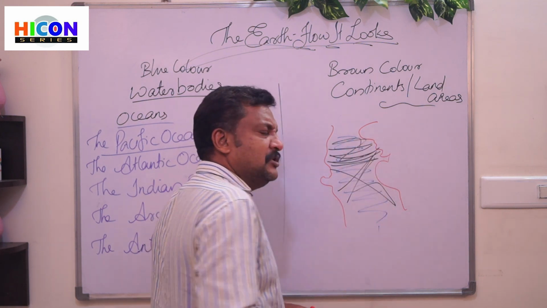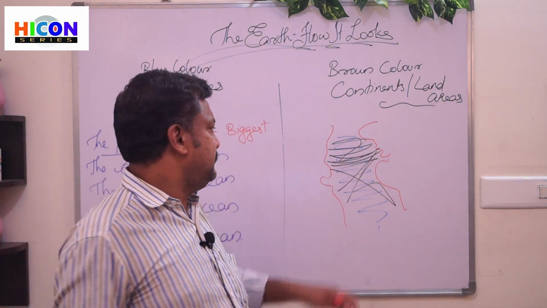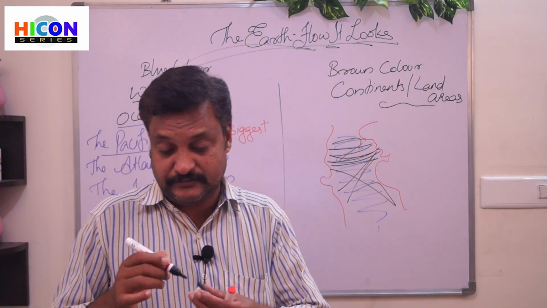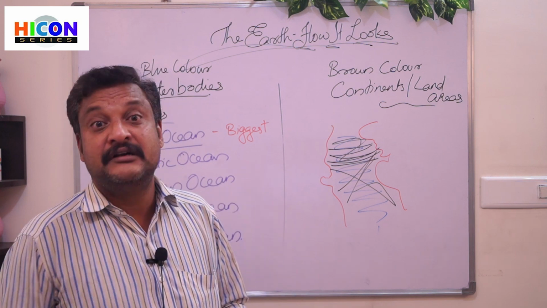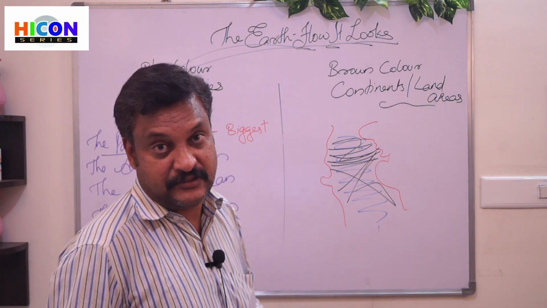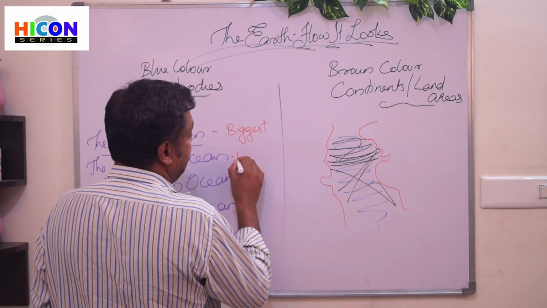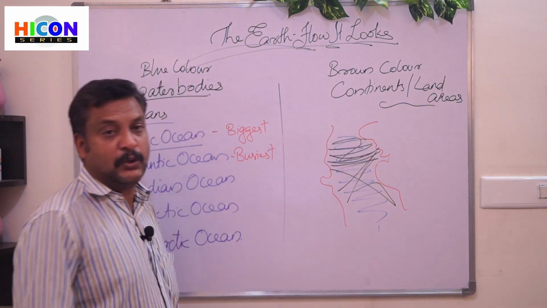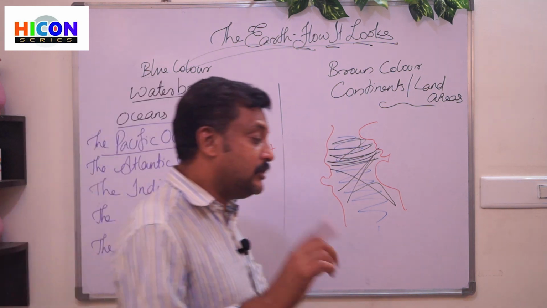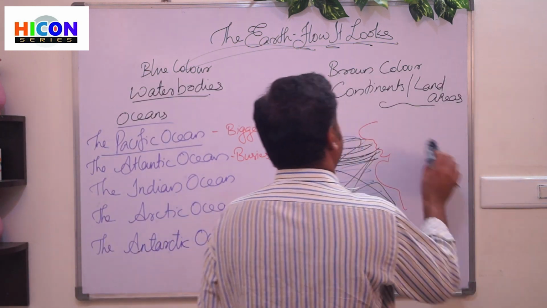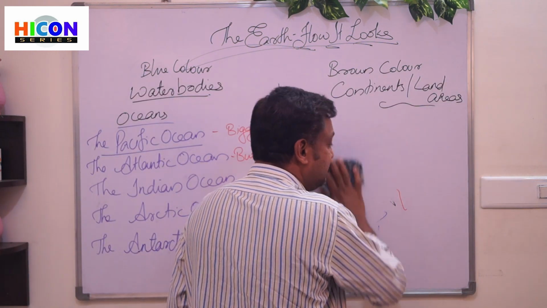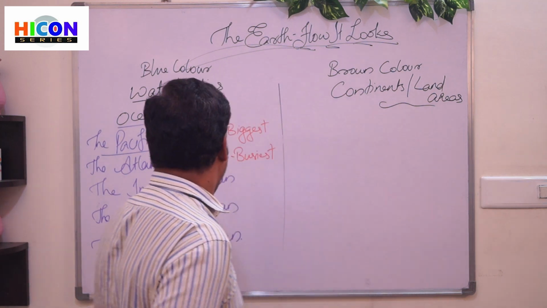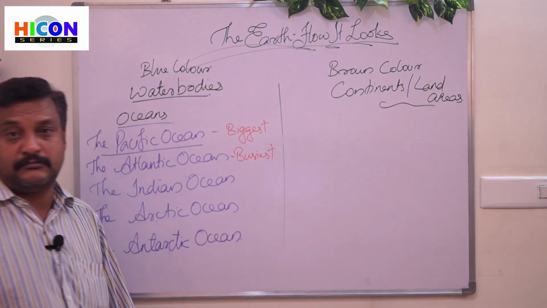It is very busy with ship services, so we call it the busiest ocean in the world. Which is the busiest ocean in the world? Atlantic Ocean. Which is the biggest ocean in the world? Pacific Ocean.